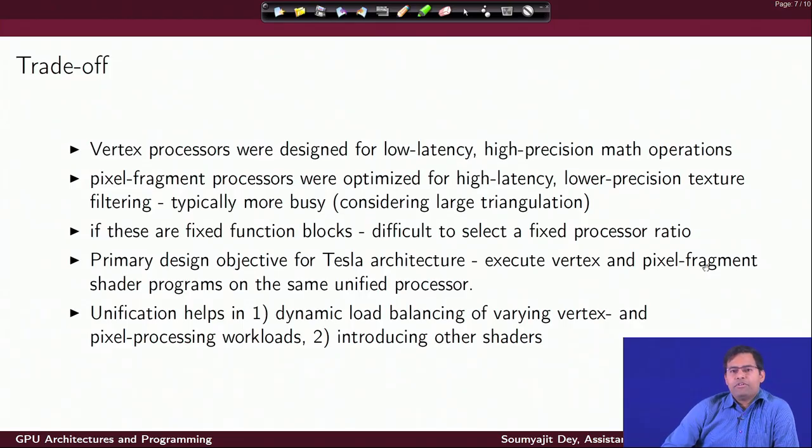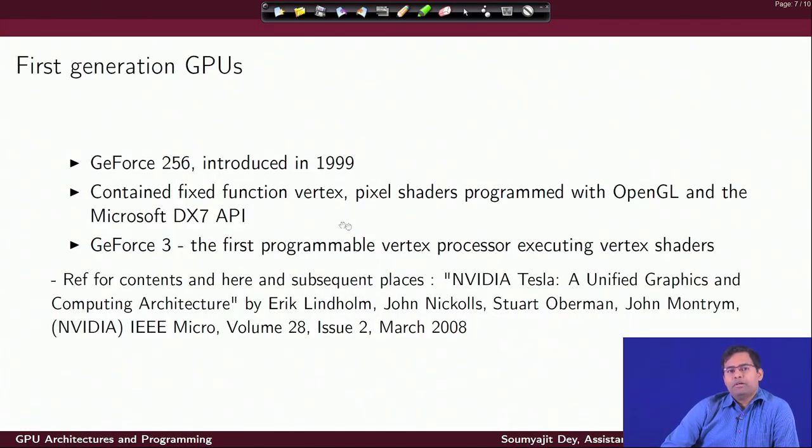Now, what was the trade-off that the designers of this Tesla architecture or the Tesla family of GPUs were really looking at? If you look at the activity of a vertex shader program, which was earlier run by vertex processors, as I said, the fixed function blocks which would be part of the early GPUs or early graphics systems, there would be a specific fixed function hardware block which will do vertex processing.